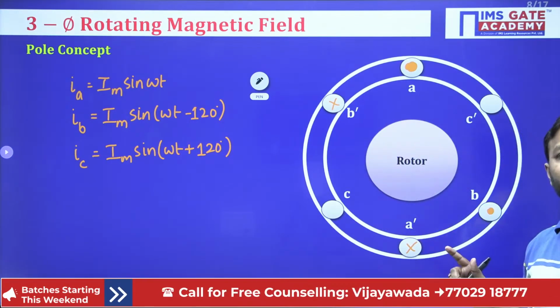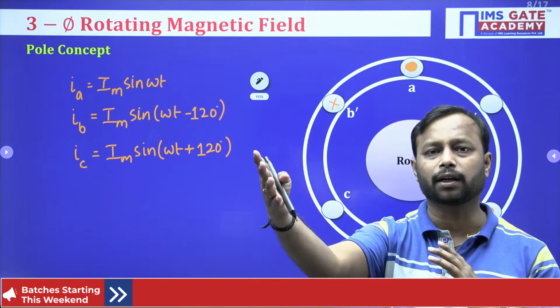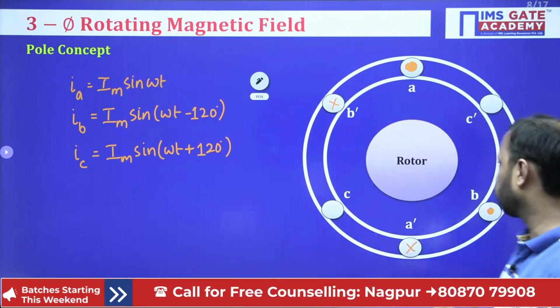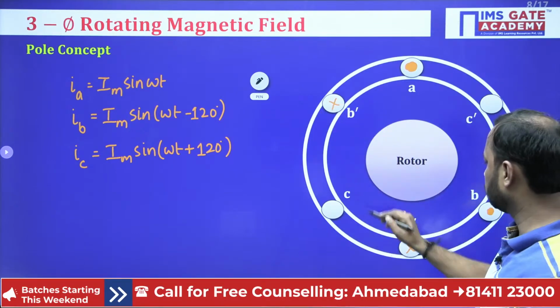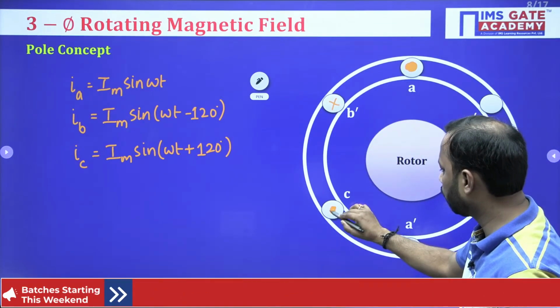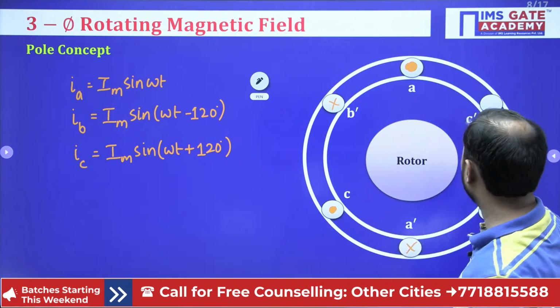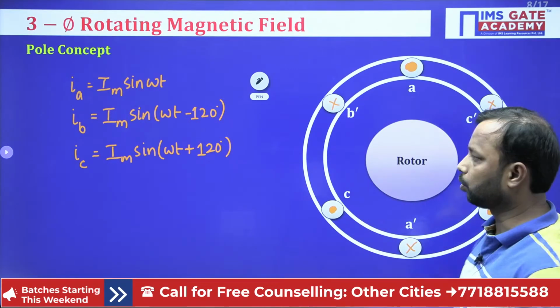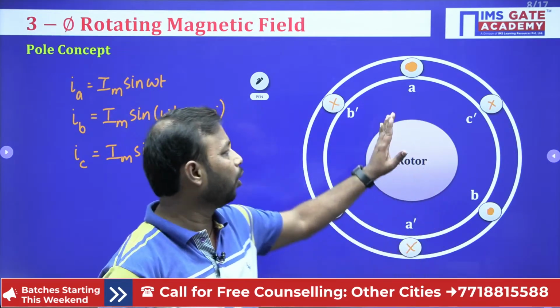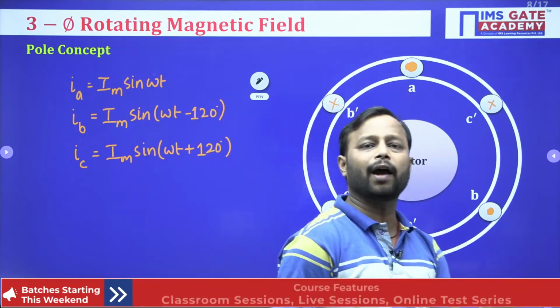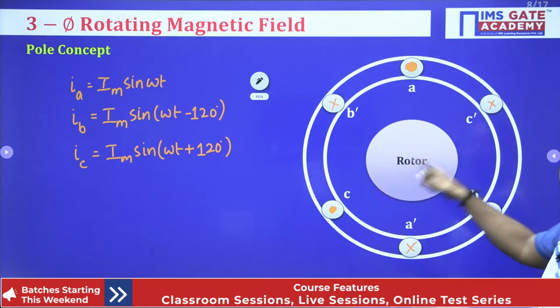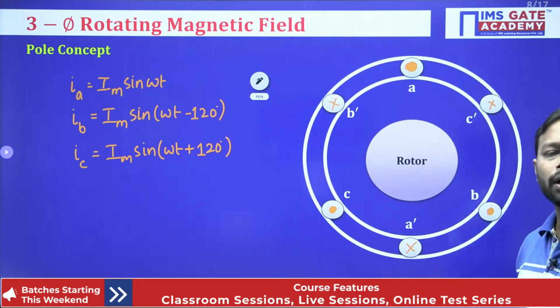So one conductor will take the current in the forward direction and the other in the backward direction. If one is dot, the other has to be cross. So this will be the conventional direction. If the current value becomes negative, we will swap these two directions.